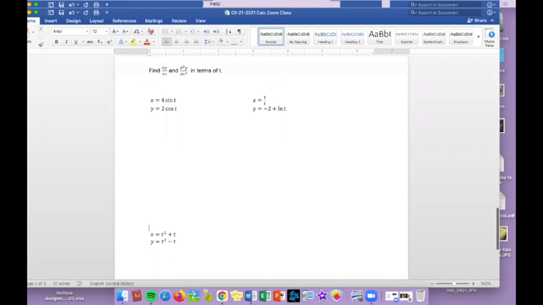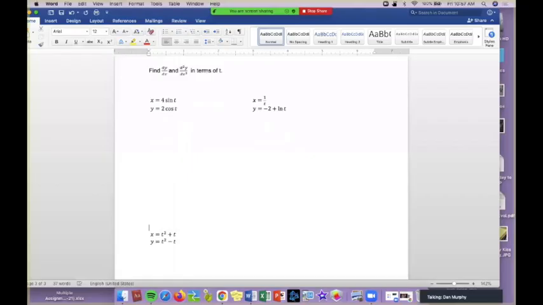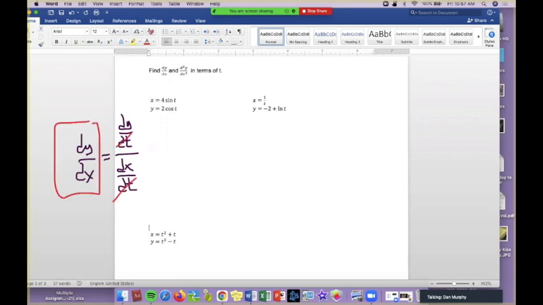What we're looking for is dy/dx, and where we're going to get that from is dy/dt over dx/dt. The dt's in essence cancel out. See that? And that's how we end up with dy/dx.